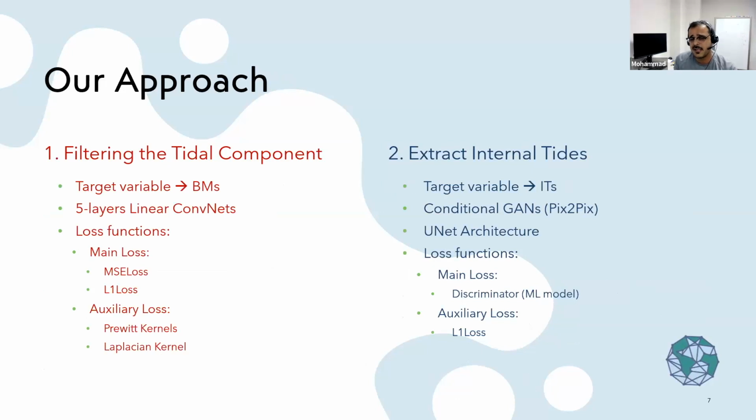So accordingly, we took these two different approaches. For the first approach, we tried to filter out the tidal components using a simple linear model equipped with different types of loss functions. And in our second trial, we used conditional GANs to generate the desired internal tides given the sea surface heights as inputs.